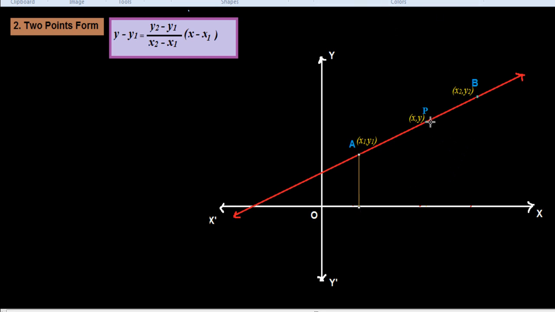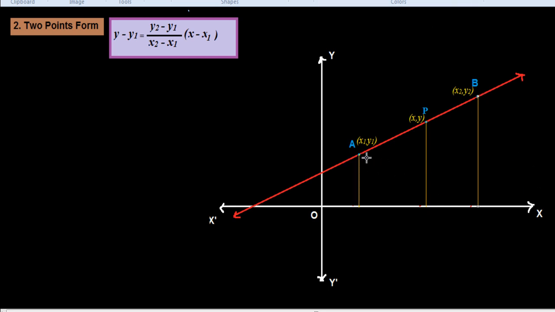Now another perpendicular from point P to the axis, and another from point B. These are the perpendiculars we have drawn.